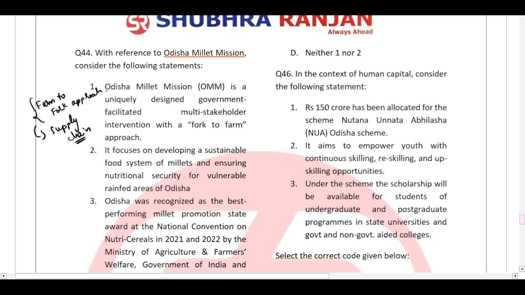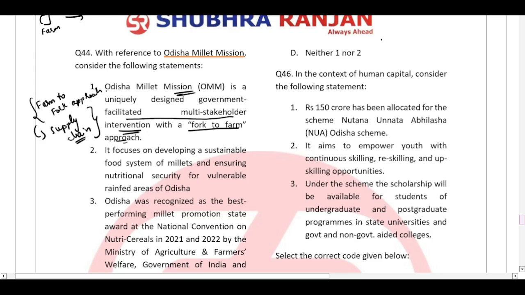So what is happening if we talk about the millets here? The statement is saying that under this, the government is going for multi-stakeholder intervention with a farm to fork approach. So it means that the government is taking steps to increase the value addition in the entire supply chain of millets.